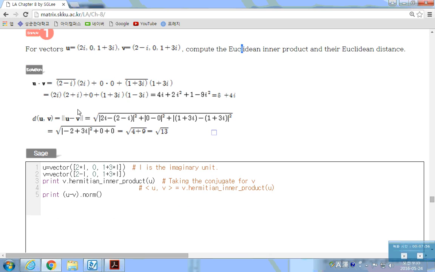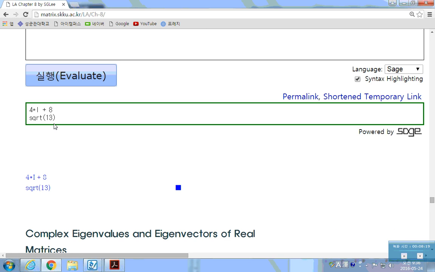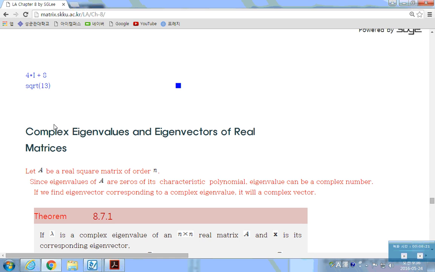The distance: subtract those, find the square of the modulus, add all of them and take a square root, which gives us square root 13. Okay, that can be found in this way. Define two vectors, find the Hermitian inner product, and find the norm of U minus V. And that gives you the same answers that you have.